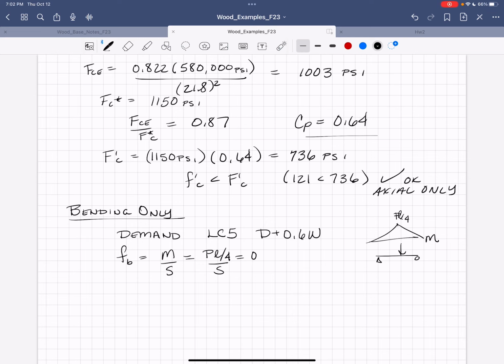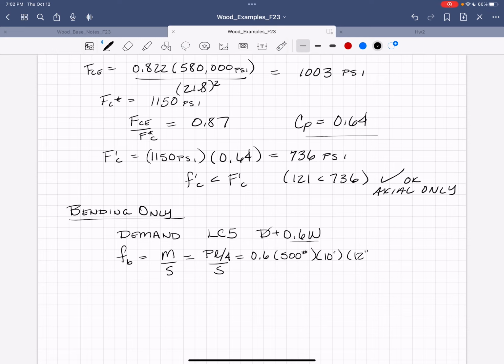So 0.6 wind. We don't have dead in that direction. Our wind was 500 pounds. L is 10 feet. I'll erase these little drawings here so I don't run out of room. L is 10 feet.